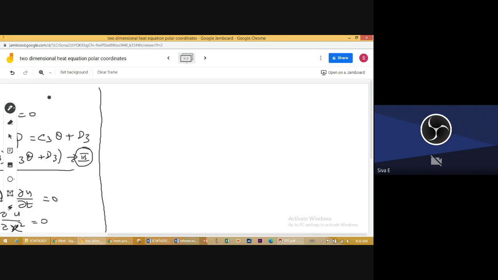Next, we are going to solve some problems. First we do the semicircular plate problem.